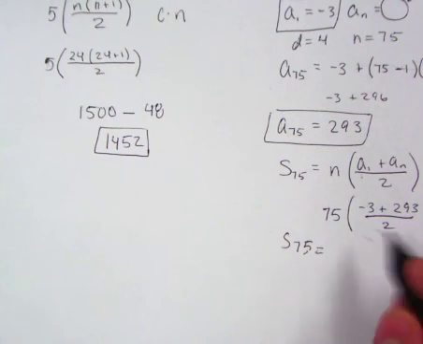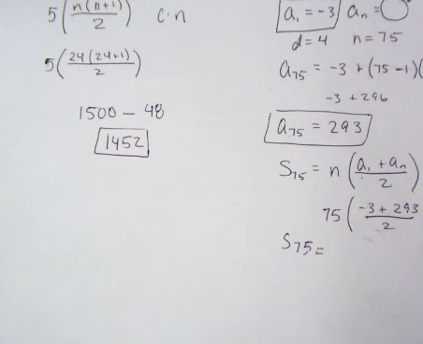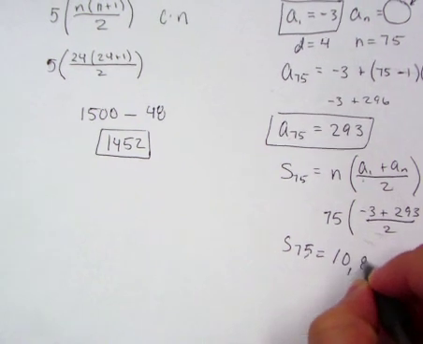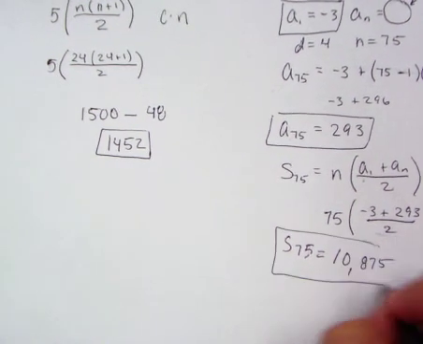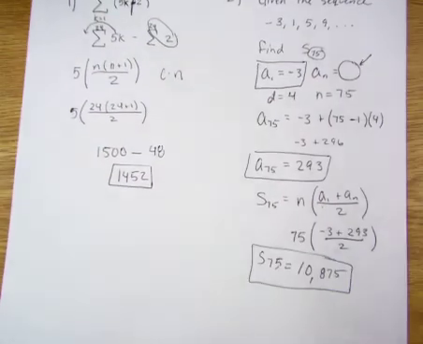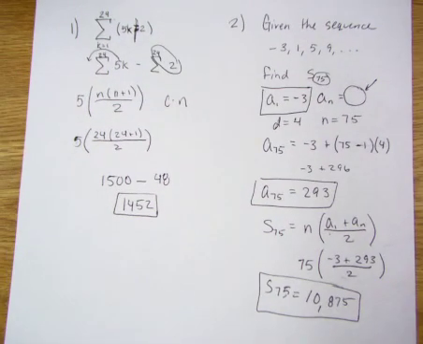So negative 3 plus 293 is 290. 290 divided by 2 is 145. And then we multiply that by 75. We get 10,875. So that is how you do a summation in both different types. You will see each of those types on today's quiz. Thanks.